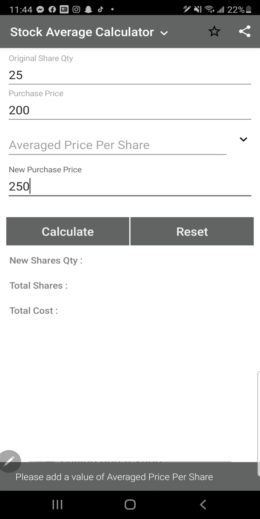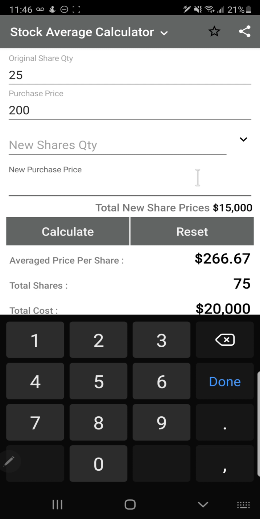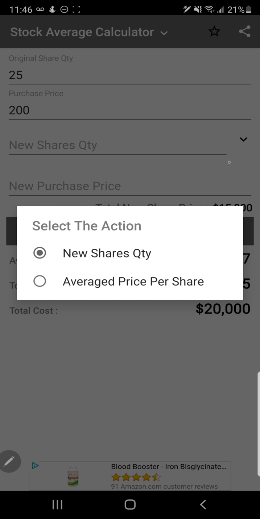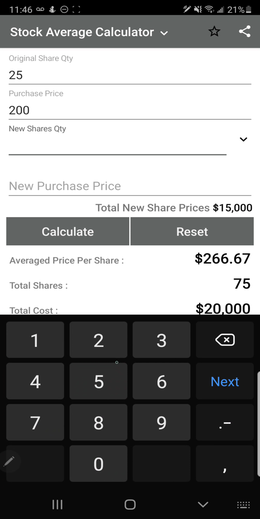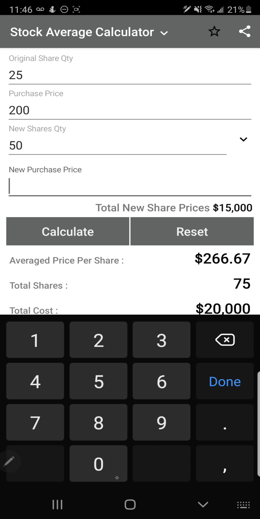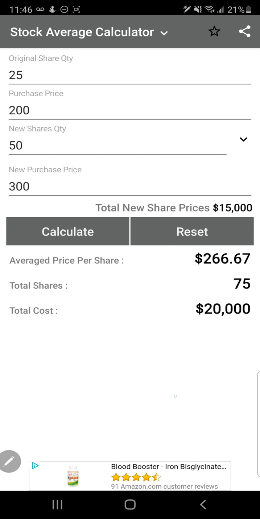Let me see this. Okay, I was more focused on the new shares quantity. So I wanted 50 more shares, and now the price of them is 300 per share. So I'll calculate that.